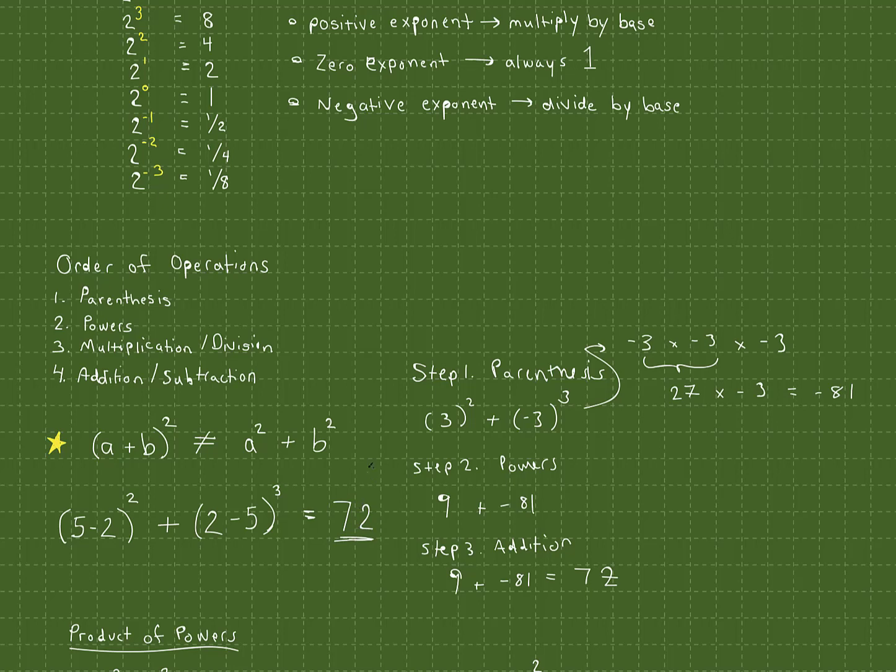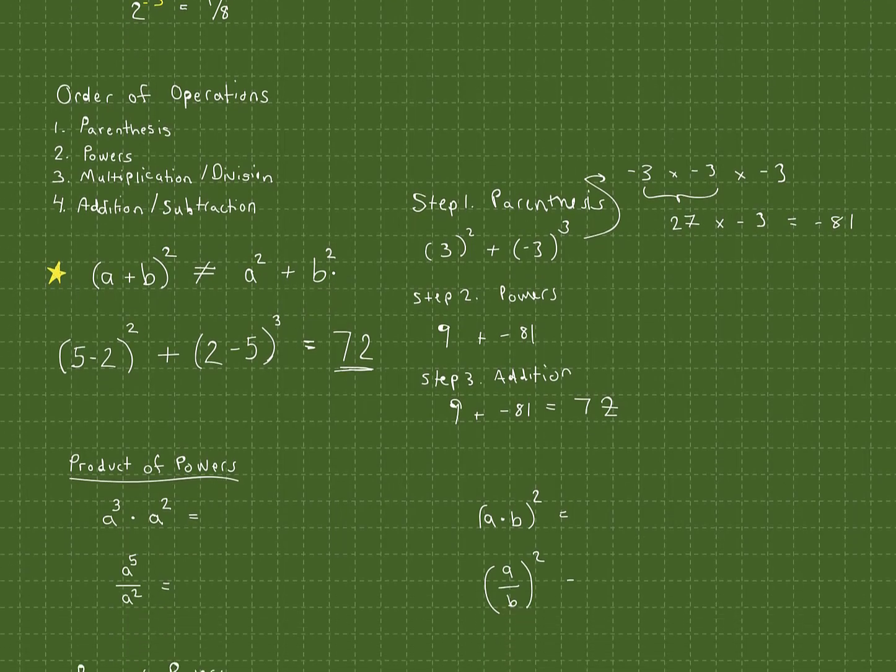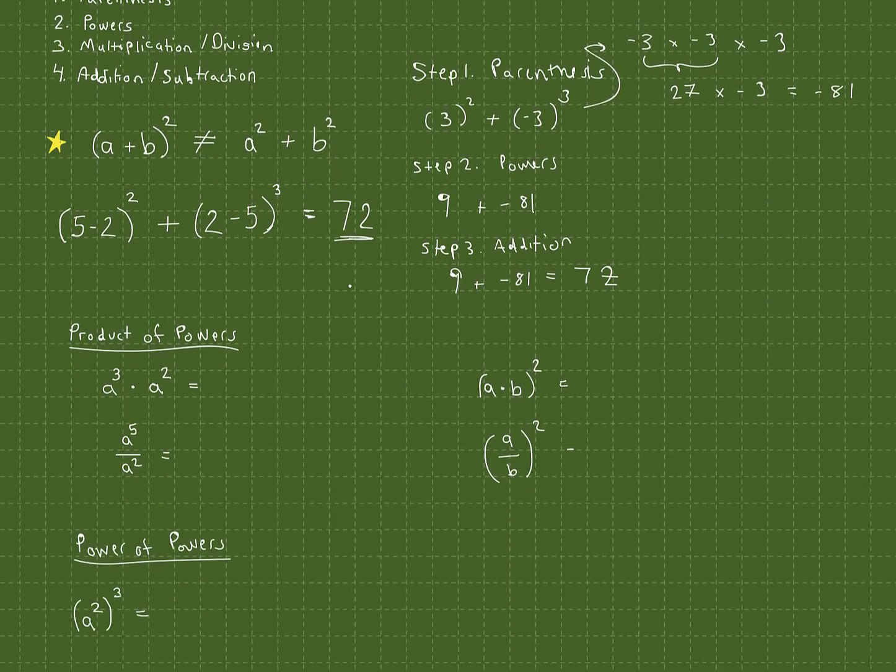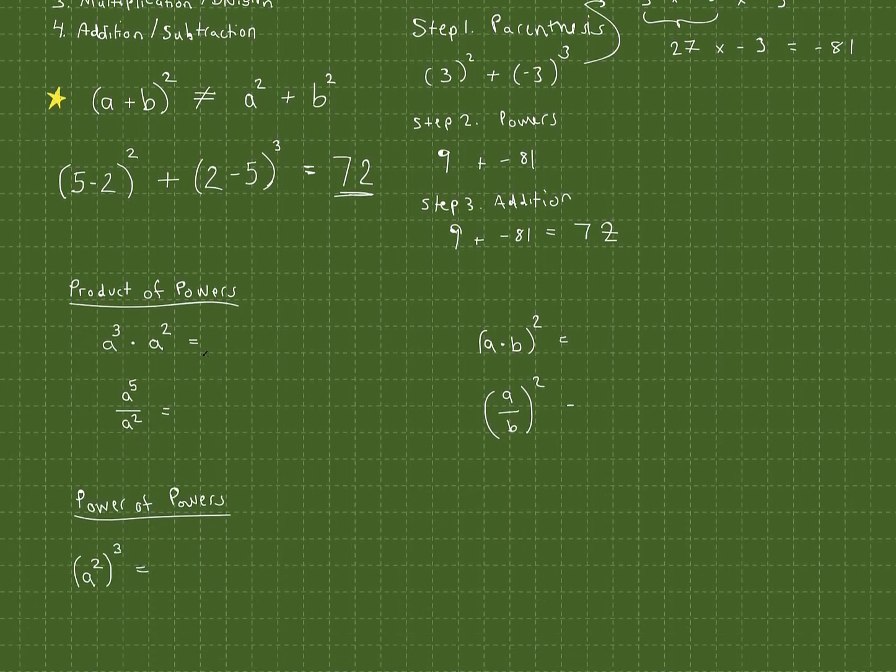Okay, let's move on to some more properties of powers, starting with the product of powers. When we have something like a to the 3rd power times a squared, or a to the 2nd power, what does that become? If we expand this out, we get a times a times a, and this is a to the 3rd. And then we multiply it by a squared, which is a times a.